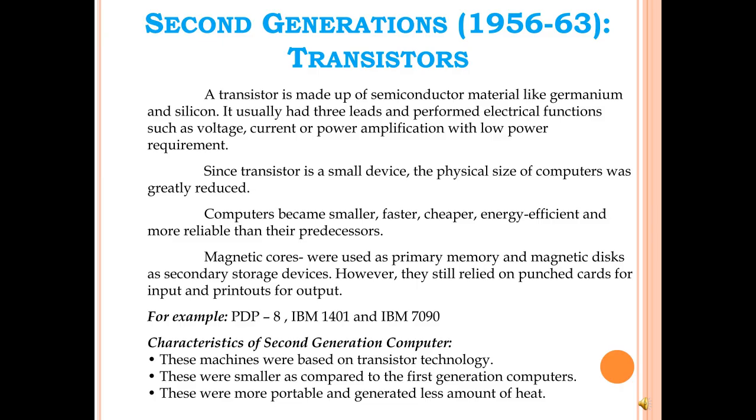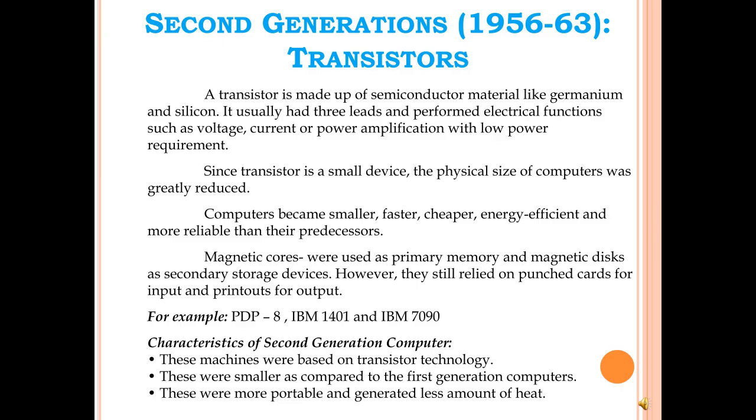Now computers became smaller. Earlier, you have seen, it was very big during the first generation and used to consume more space. When the second generation started, the computer became smaller, faster, cheaper, more energy efficient, and more reliable than the first generation.